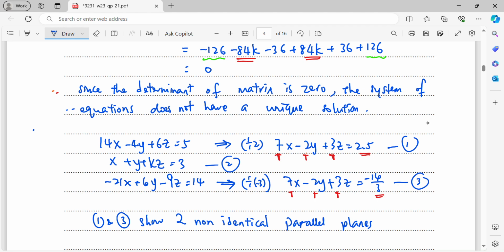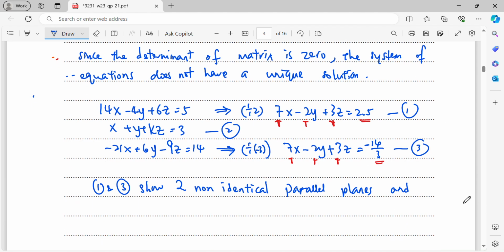And then the second equation is basically a non-parallel plane because the coefficients are different, 1, 1, and k. So the second equation shows a non-parallel plane. Alright, so that is the geometrical interpretation of the equations.